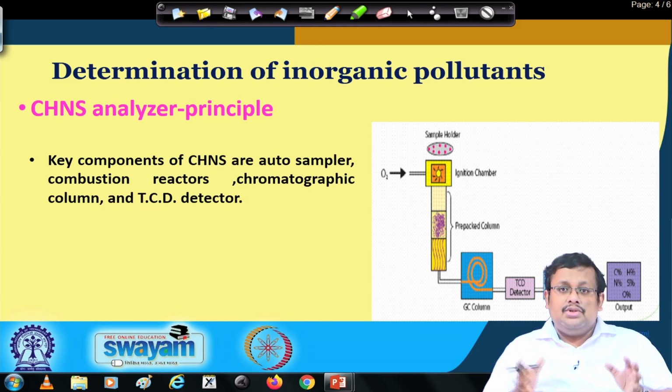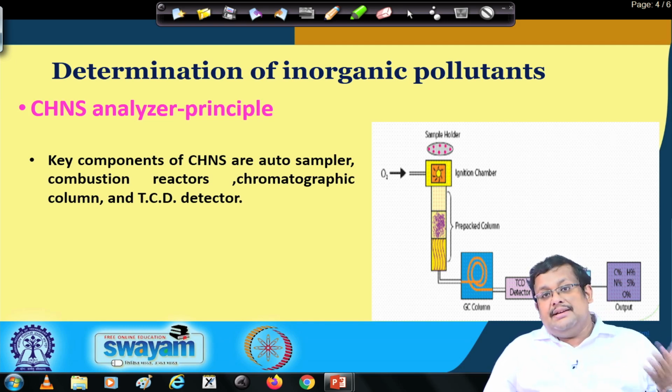Among these four different instruments which we have talked about, the CHNS analyzer, the continuous flow analyzer and the discrete analyzer are very costly. However, the ion selective electrode is comparatively cheaper, and the Kjeldahl apparatus is also comparatively cheaper than the CHNS analyzer.